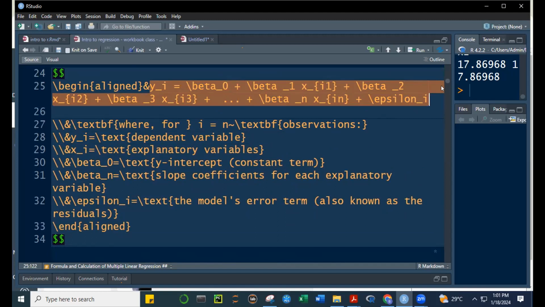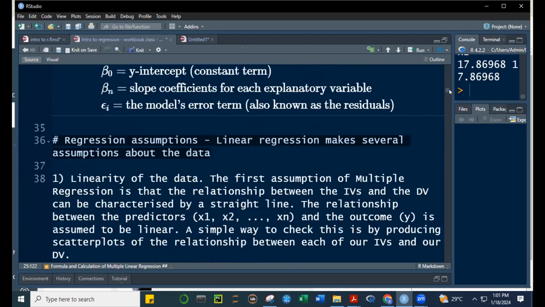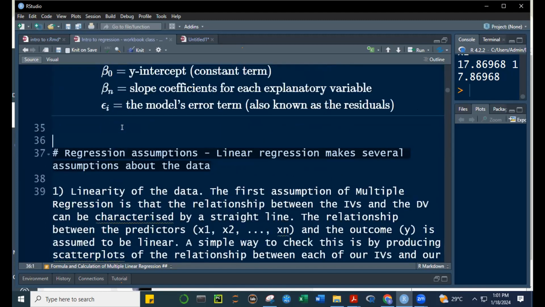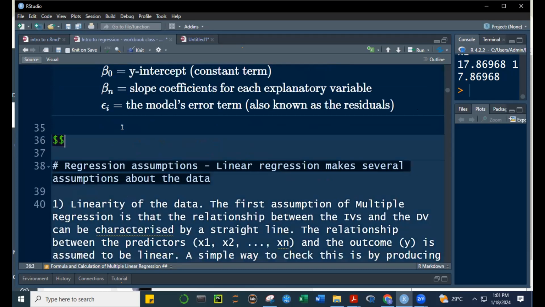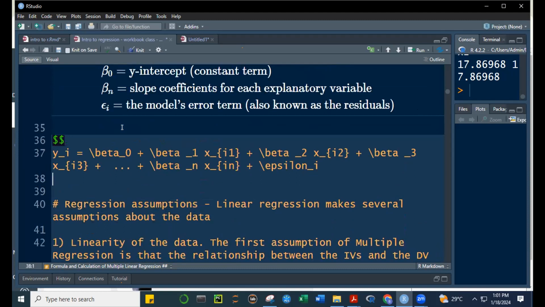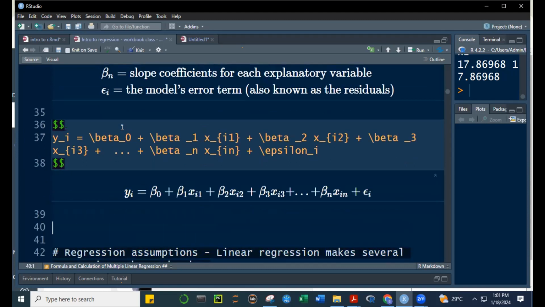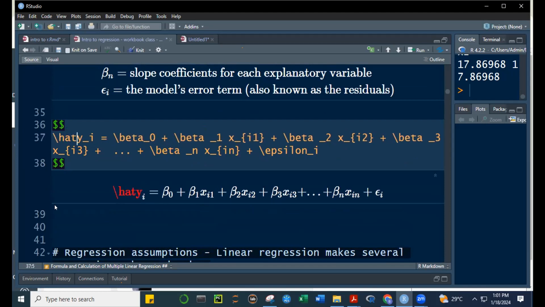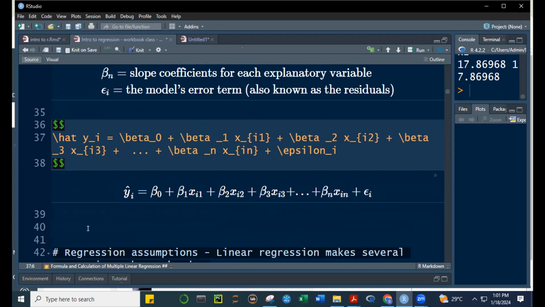I'll copy this, Control C. So let me put here hat. And then I remove this.